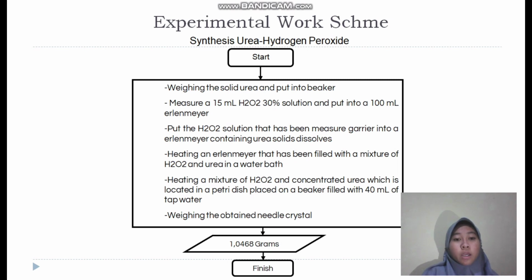Start: weigh the solid urea and put it into a beaker. Measure 15 ml of H2O2 solution and put it into a beaker. Put the measured H2O2 solution together into the beaker containing the dissolved solid. Heat the beaker that has been filled with the mixture of urea in a water bath.